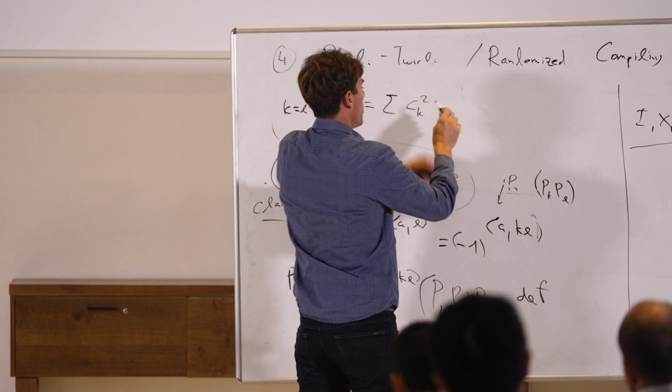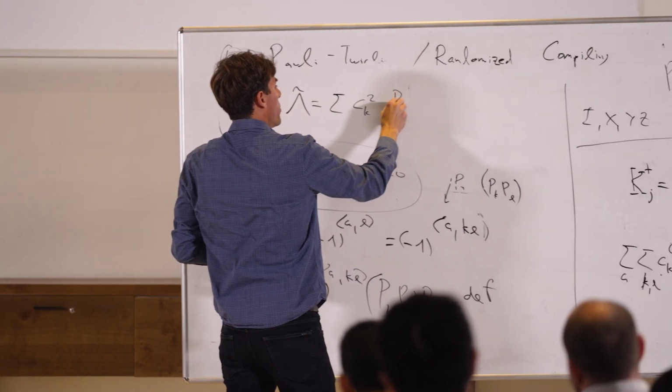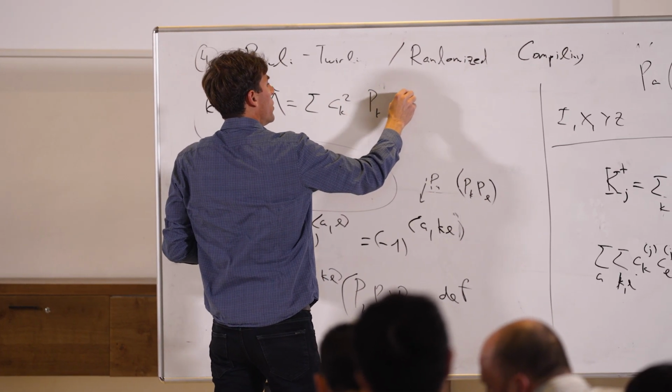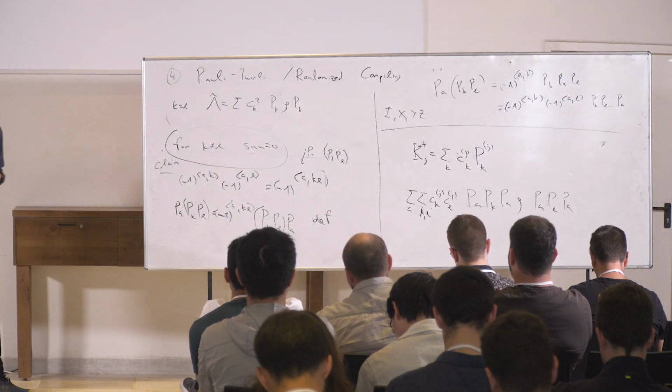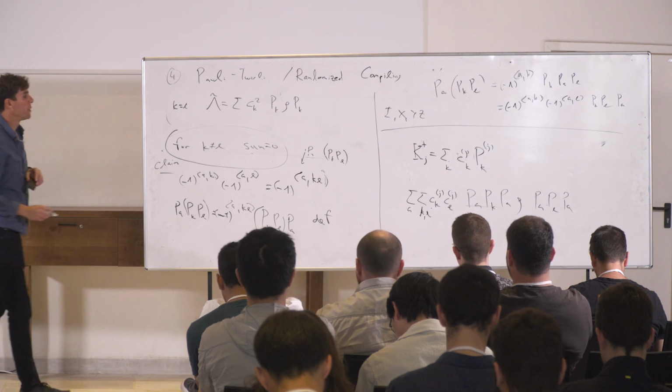Actually, I don't need this, minus 1, this actually cancels. And then P_K rho P_K. This is my twirled channel. This is what we got from this calculation.